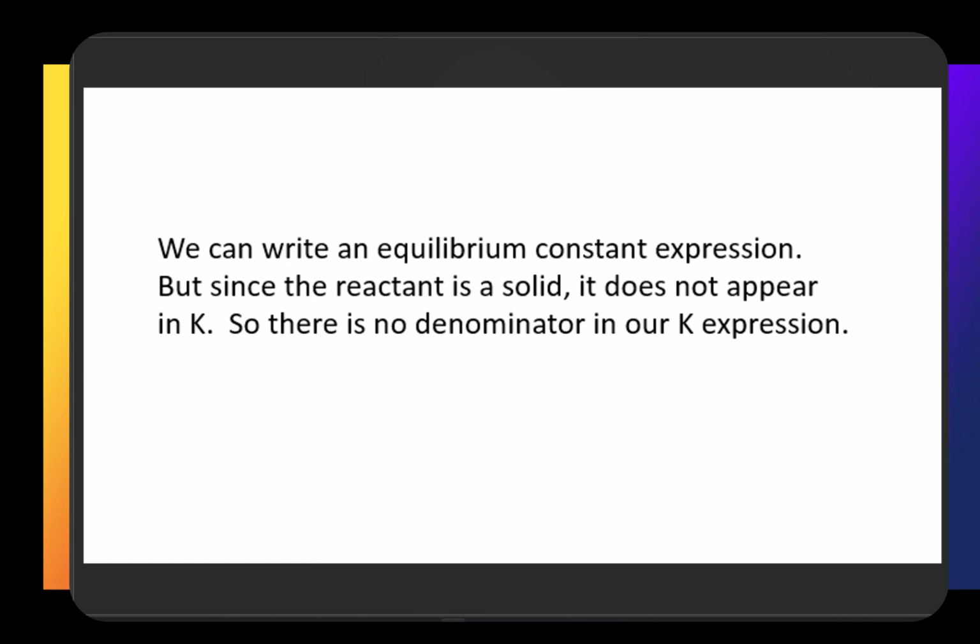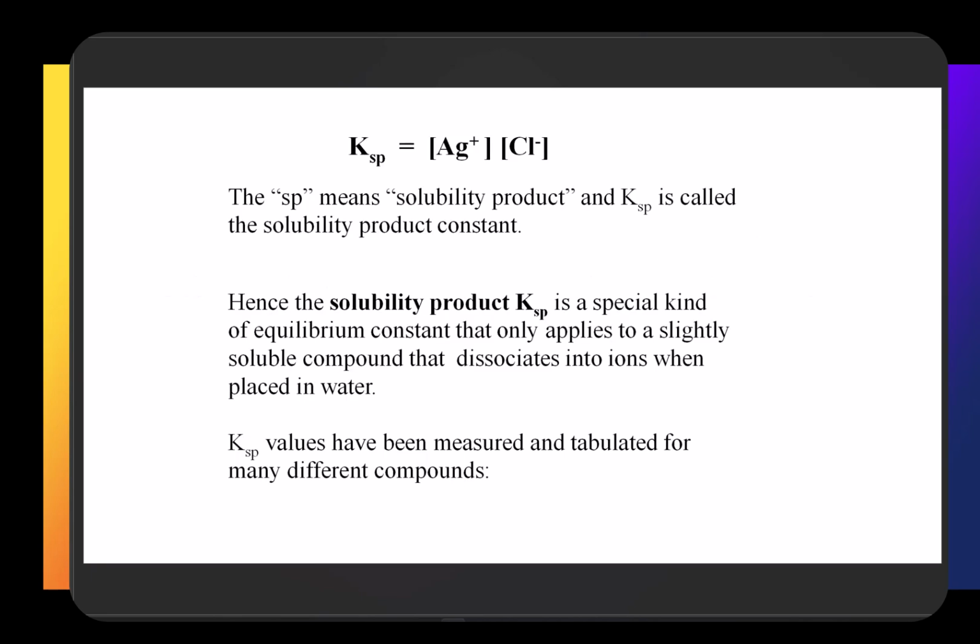So we're going to ignore the solid as always. Since we don't have any denominator for that dissolution equation, AgCl solid, we only need the particles that actually dissolve. They're the ones that can change concentration. So this is the equilibrium constant expression.